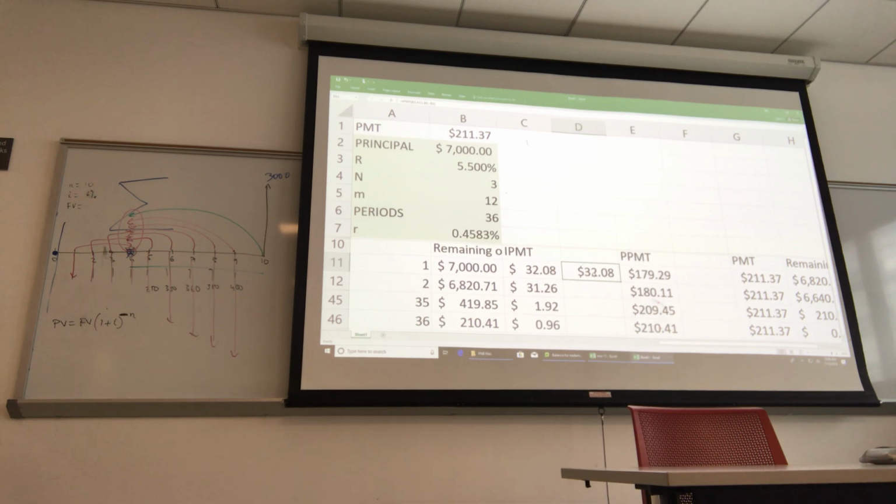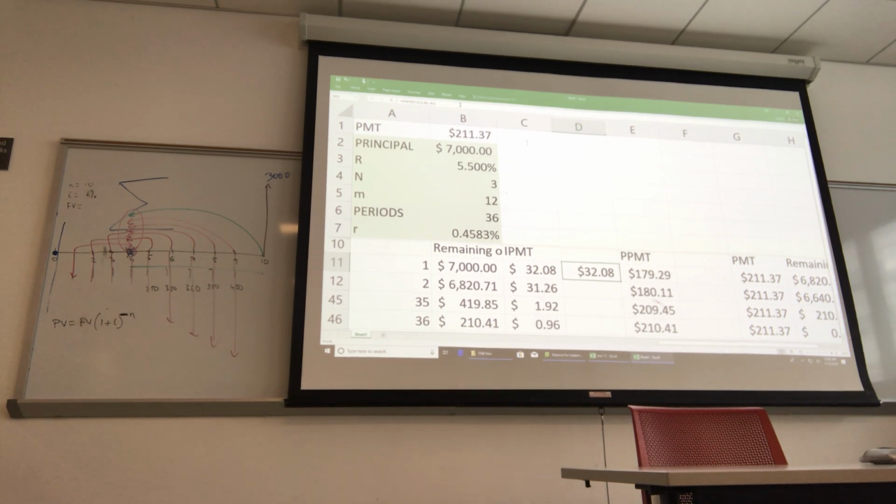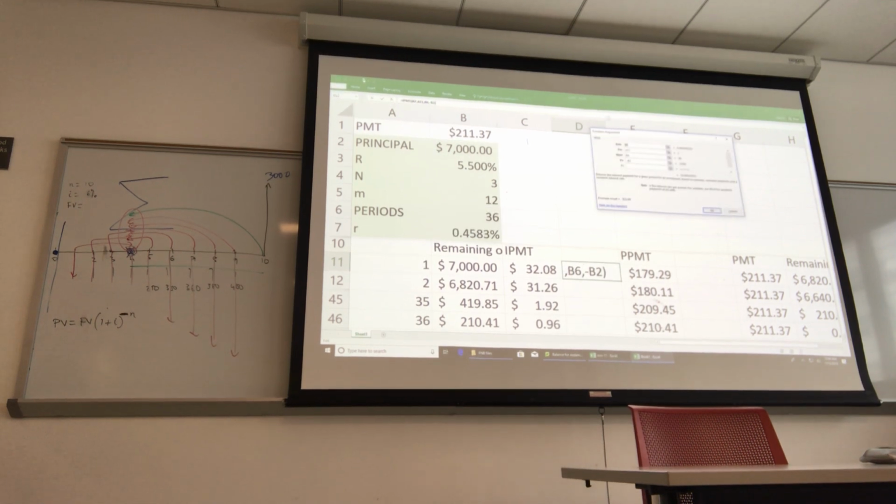What is not changing? You go up here. Whatever needs to change, you don't put a $ sign before. But whatever does not need to change, you put a $ sign.